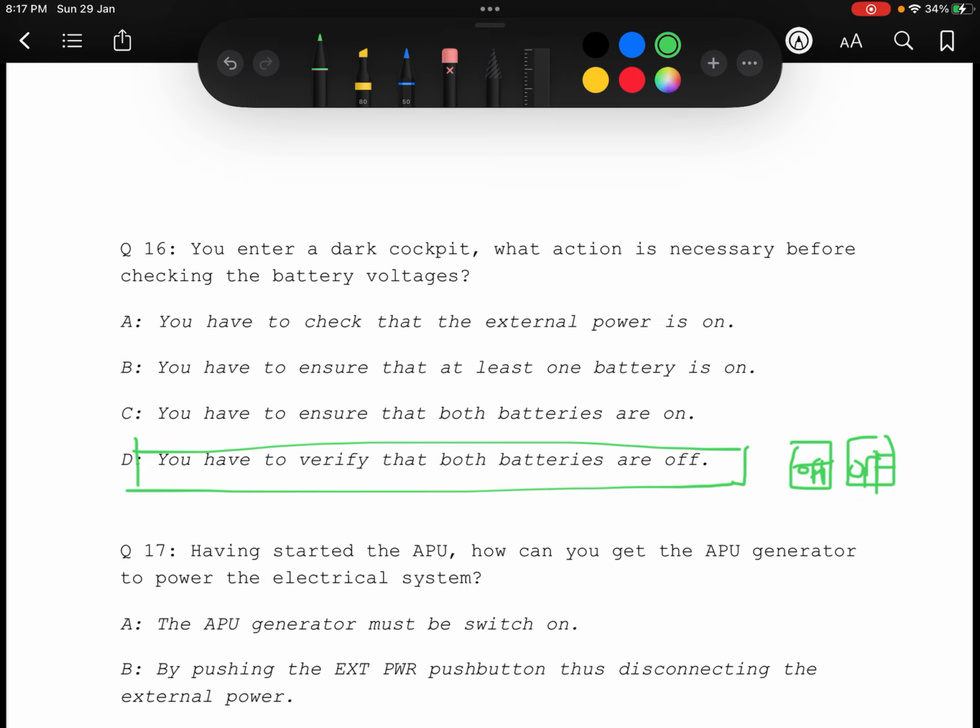Let's say if you have pressed either battery push button switch, then only the other one's OFF light will illuminate, because now this battery is providing power to the DC BAT bus, and this is powering the other's OFF light, right? This was something extra. I don't want you to pay more attention to it, but the option Delta is correct here.